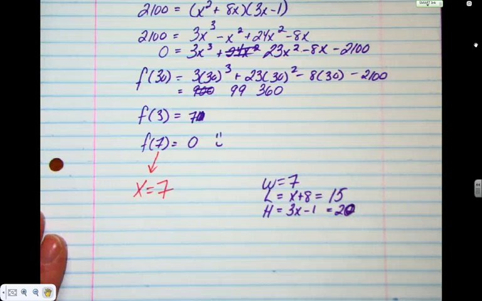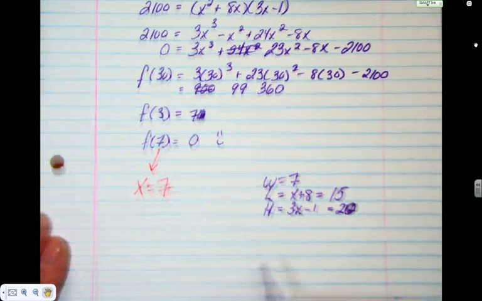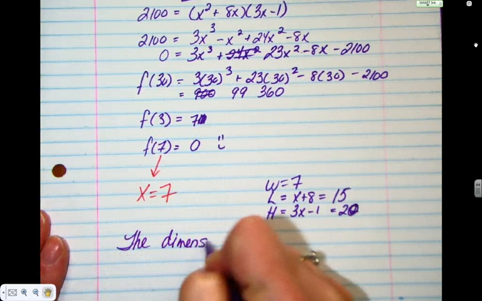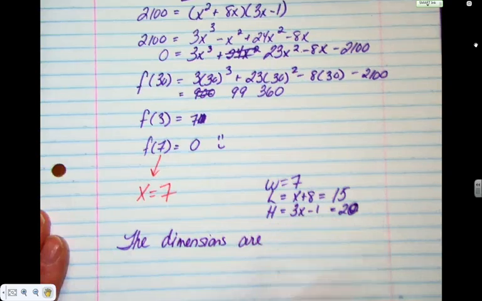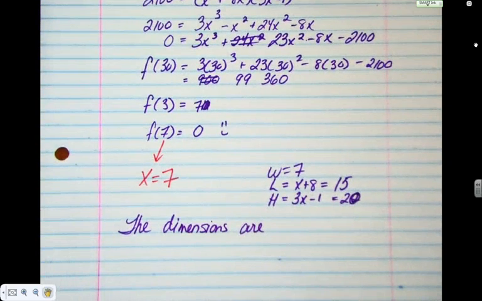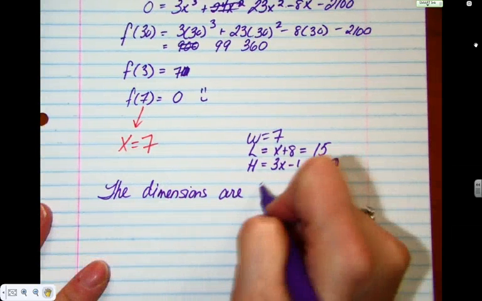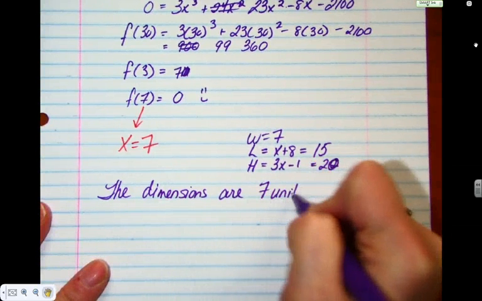Correction of 20. Okay, our 3x minus 1. There it is. So the dimensions are? Give me some units. Units, because it says right in the question, units.